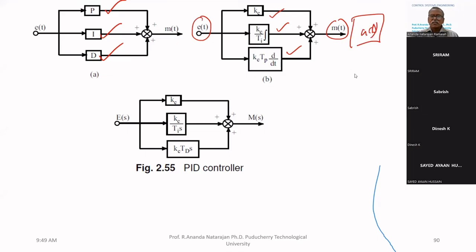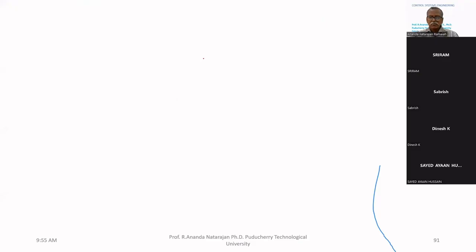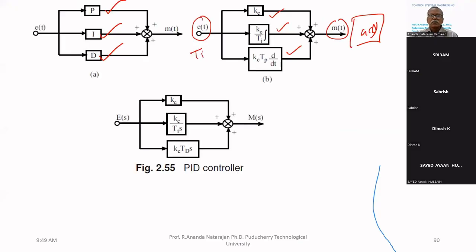This is in the time domain. If it is in the frequency domain, you can write like this. Kc by TiS, integrator, Kc TdS, derivative.